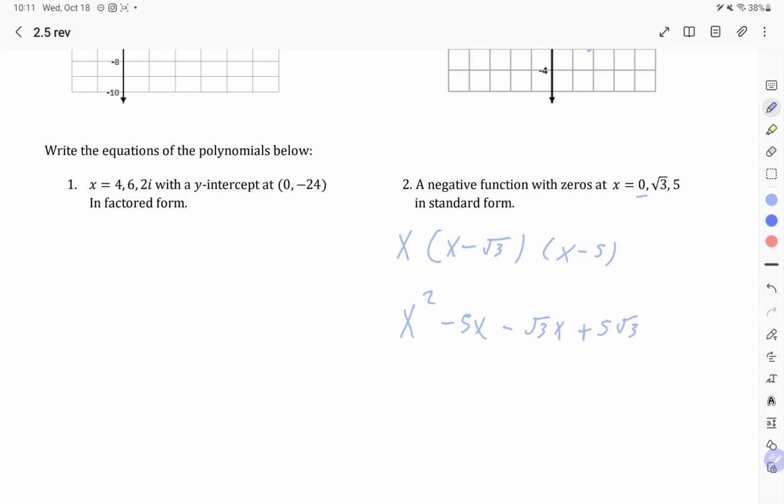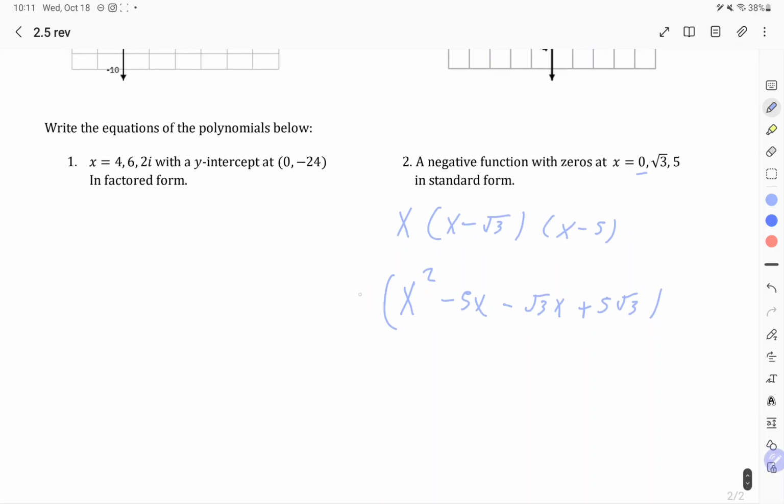That's right. And it's just multiplied by x. Yeah, that sounds about right.